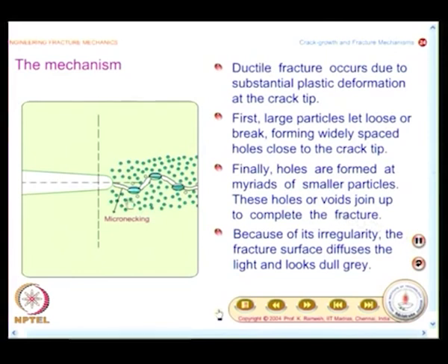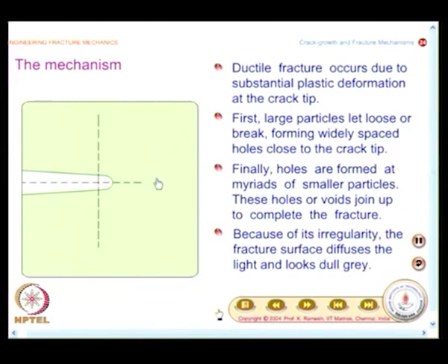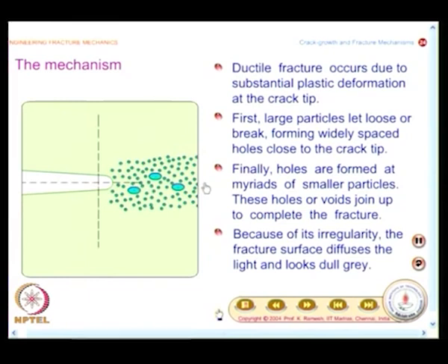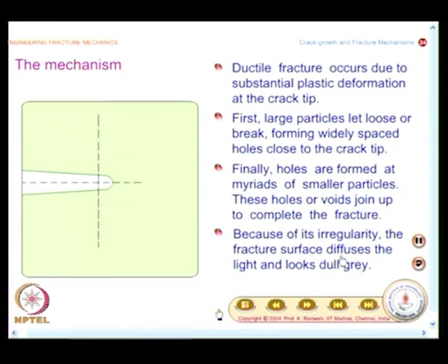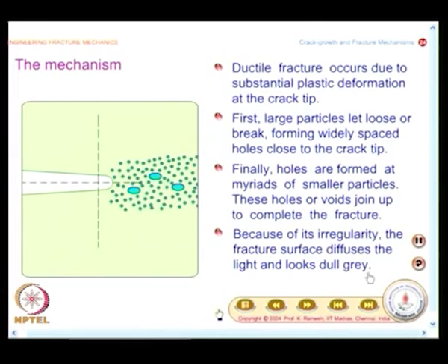And what you find here is, the holes are joined, and you find the crack proceeds at a microscopic level in a zigzag fashion. At a macroscopic level, it is proceeding straight as shown by the arrow, and because of the irregularity, the fracture surface diffuses the light and looks dull grey.